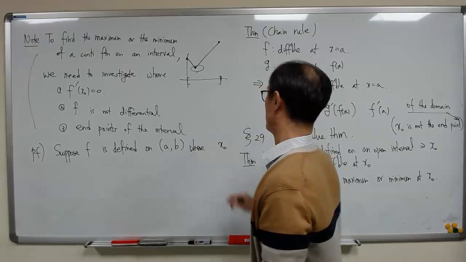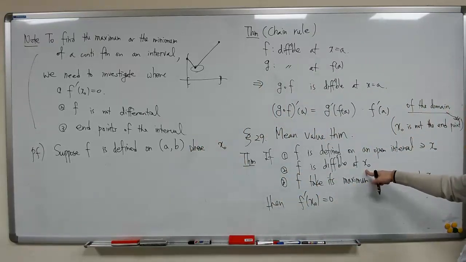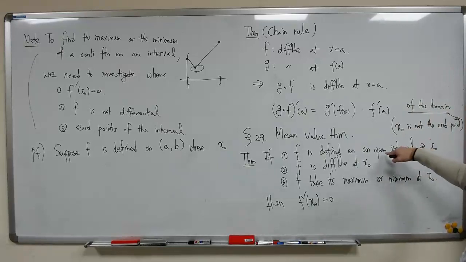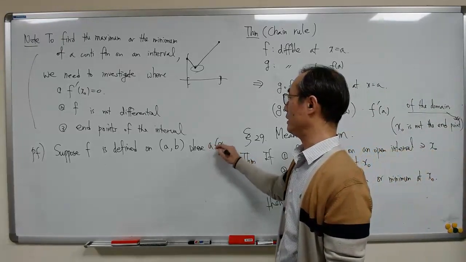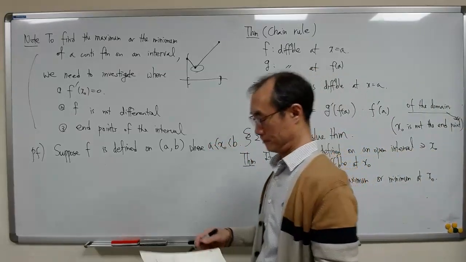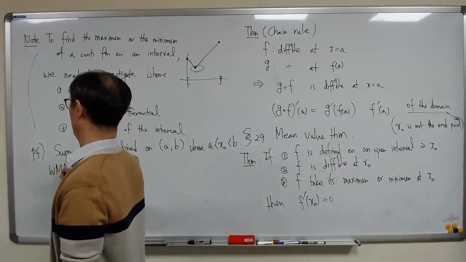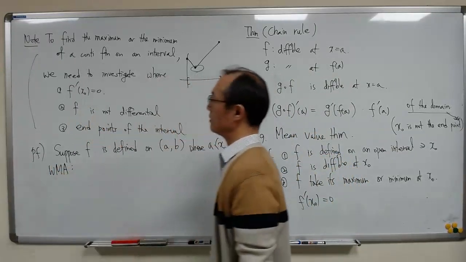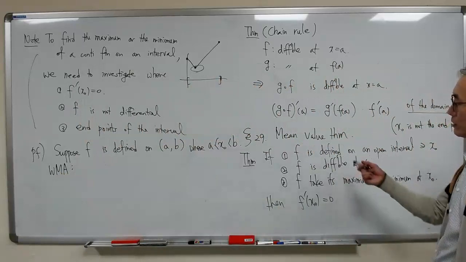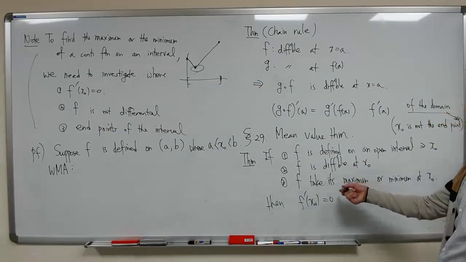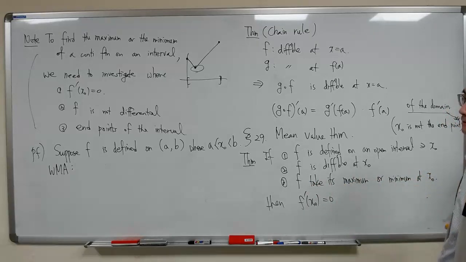This point x naught is somewhere in the open interval. That means x naught is greater than a and less than b. And we're going to consider two cases. Either the function takes its maximum or minimum.